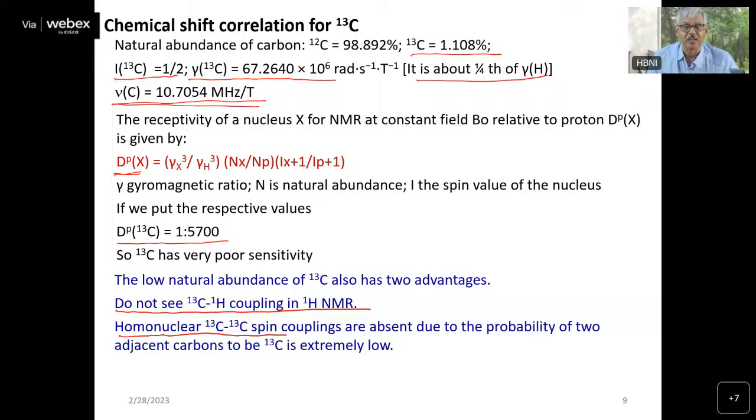There is no coupling between proton and carbon, and you will not see coupling between carbon-13 and carbon-13, because the probability of two adjacent carbons both being carbon-13 is extremely low because of the very poor natural abundance. This is what you have to remember: proton-proton you will see coupling, but carbon-13 couplings will not be seen in a carbon-13 NMR spectrum.